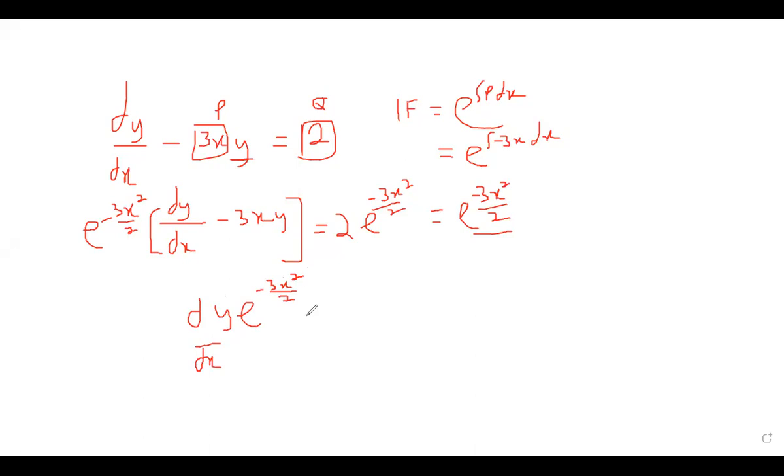And then the right side will be 2e raised to the power minus 3x squared over 2. Good. So what next? We just multiply both sides by dx, so we can do the integration.